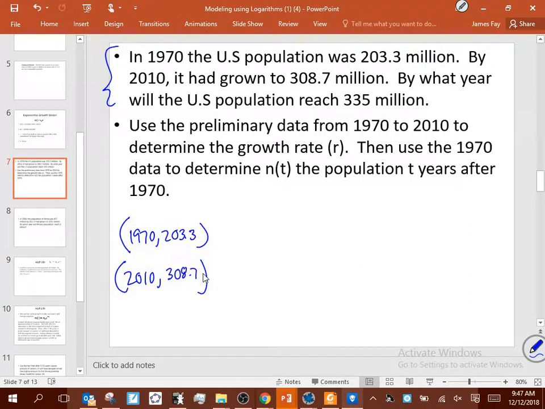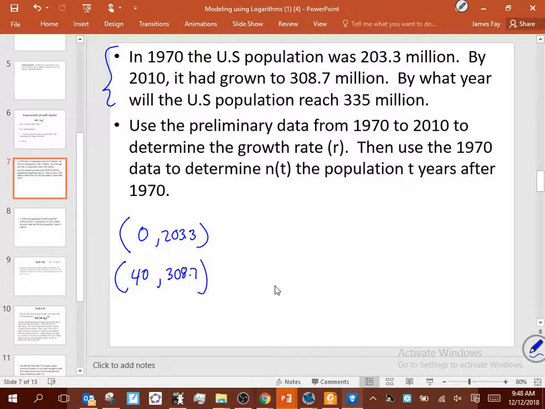You use those ordered pairs, and maybe you even said 1970 was year 0 and 2010 was year 40. Does that make a little bit more sense? And maybe you said this growth is linear in nature, and then you can create an equation of a line. But now we know population growth is not linear, it's exponential.